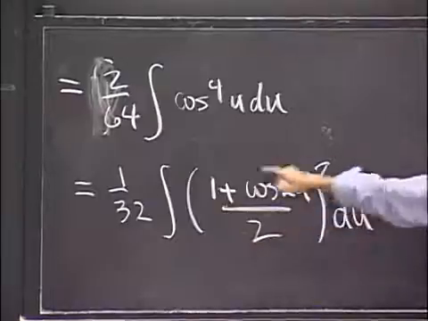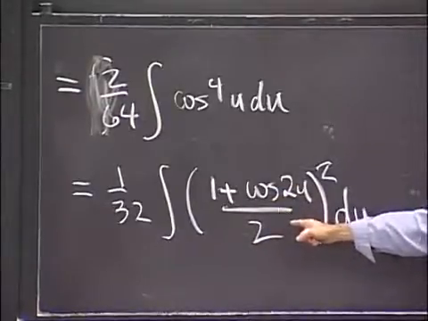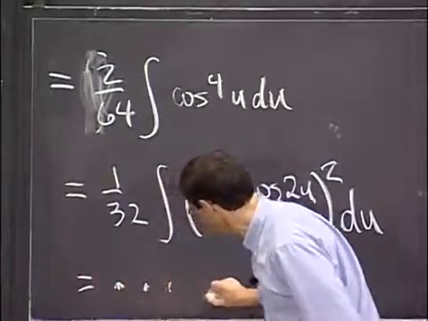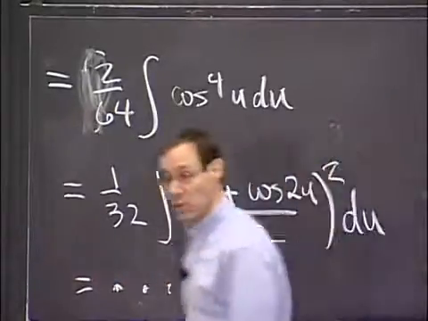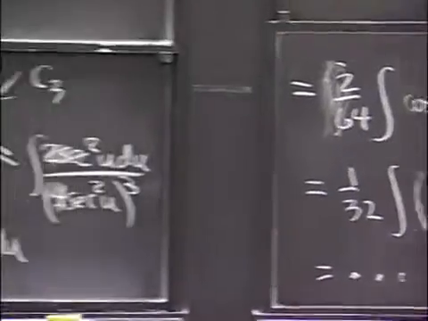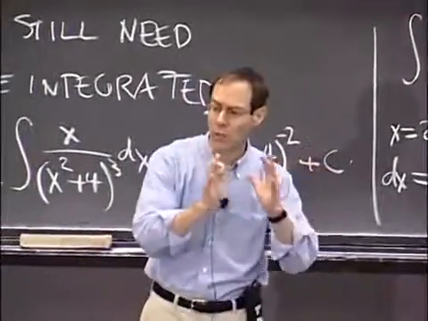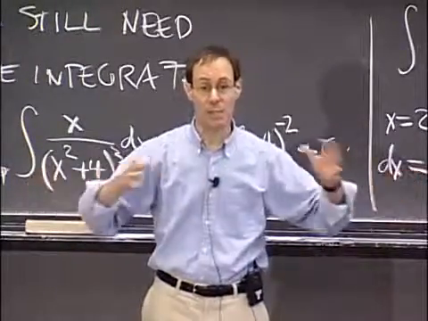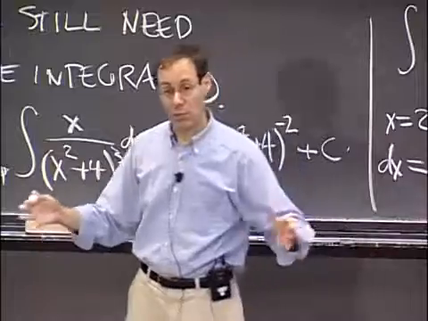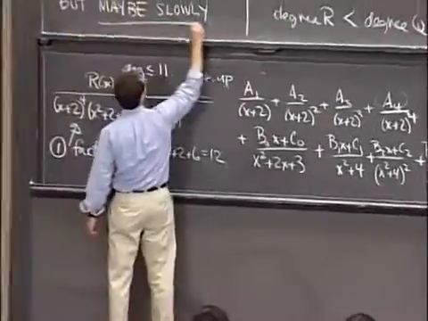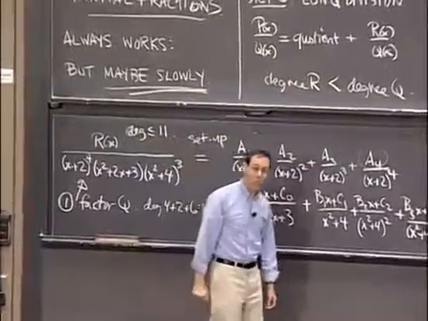You have to square this thing out, and then you'll still get a cosine squared of 2u, and it keeps on going. So this thing goes on for a long time. I'm not even going to finish this, but I just want to show you. The point is, we're not showing you how to do any complicated problem. We're just showing you all the little ingredients. And you have to string them together, a long, long process to get to the final answer of one of these questions. So it always works, but maybe slowly.